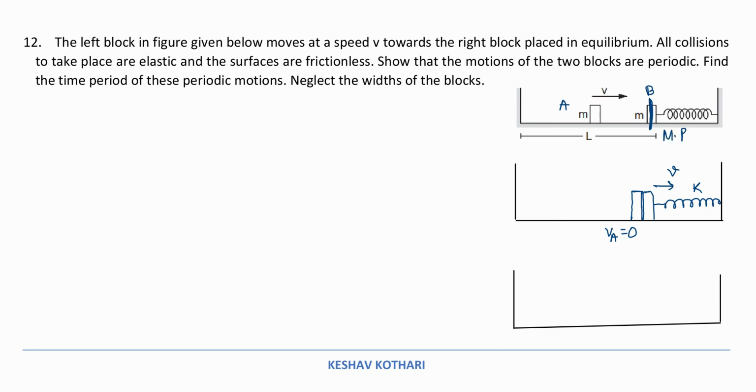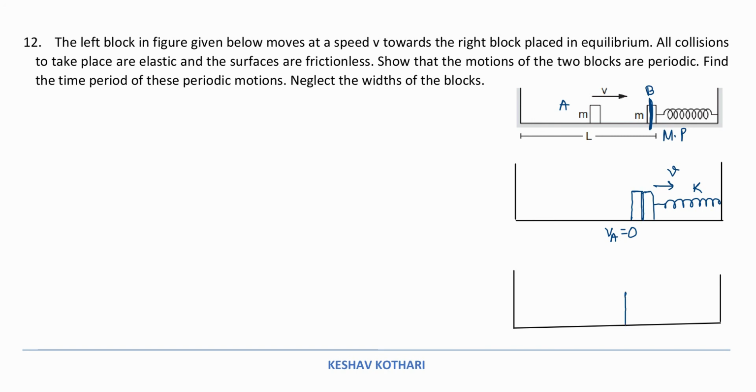So at mean position B is imparted an impulse because of the collision with A, and the velocity is transferred to B, as a result of which it will execute SHM and will again transfer the momentum back to A when it is moving in the other direction.